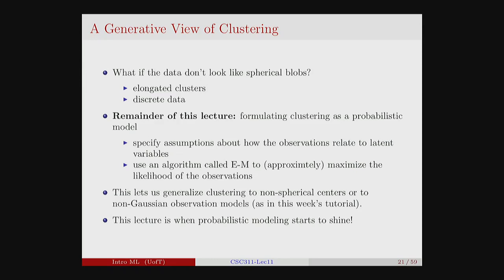For this lecture, we're going to specify assumptions on how the observables relate to these latent variables. And we're going to use an algorithm called EM to approximately maximize the likelihood of the observed data. This is going to enable us to generalize clustering to non-spherical centers or to non-Gaussian observation models.